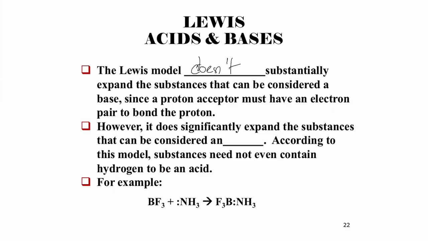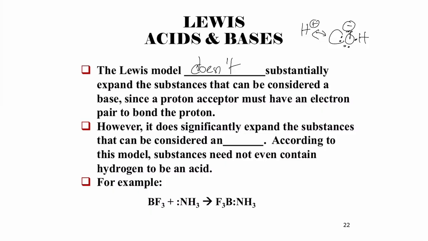So from the Bronsted-Lowry definition, you need the lone pair to be able to interact with the proton. For example, if we have something like a negatively charged oxygen, like on hydroxide, this lone pair would then interact with a proton. You needed that anyway in the Bronsted-Lowry definition.